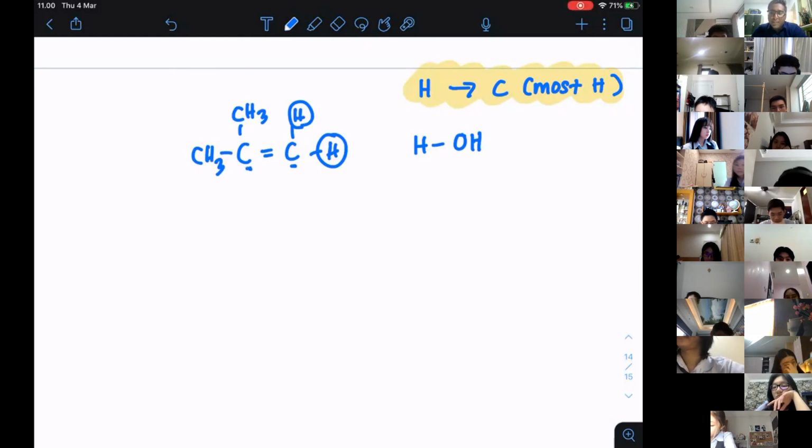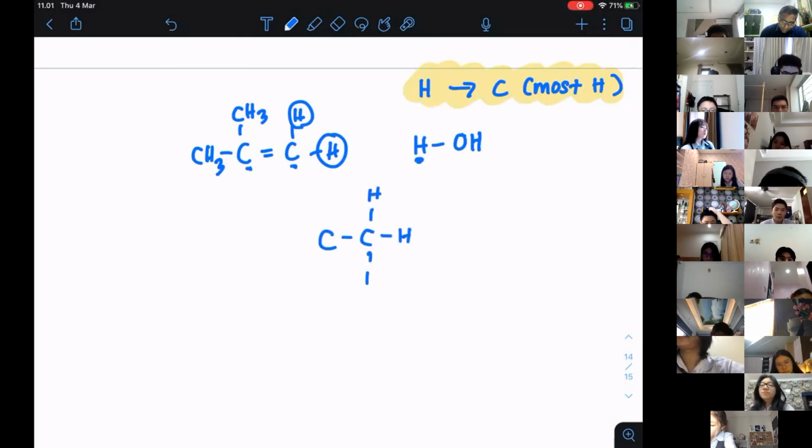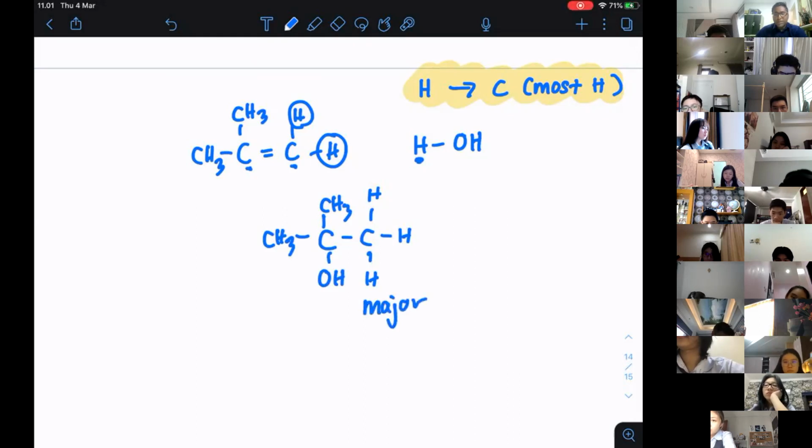So this hydrogen will have a tendency to go to this carbon. So you just put H, H, H, and then CH3, CH3, and then the OH will come. So if they ask you what is going to be the major product, this is my major product.